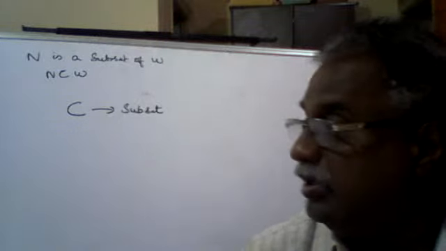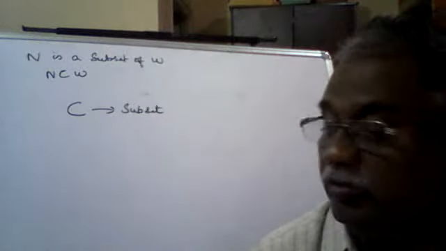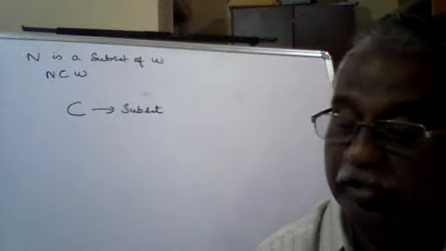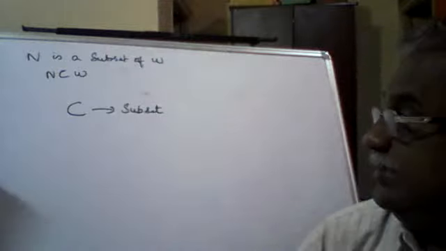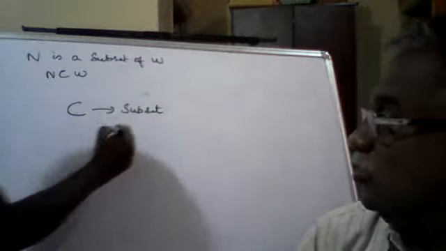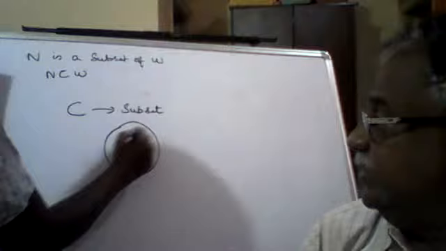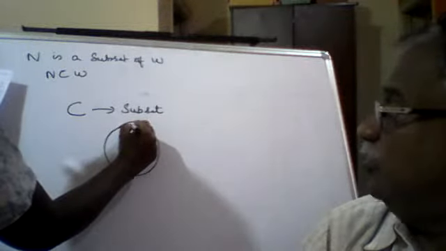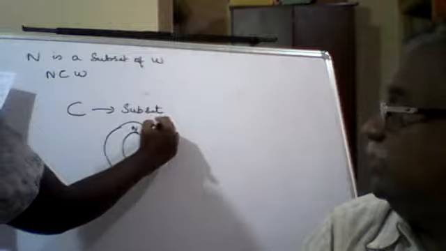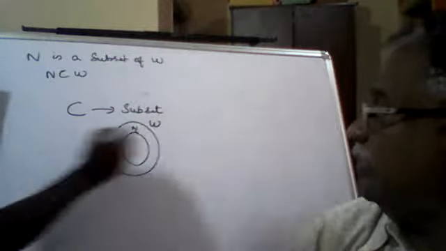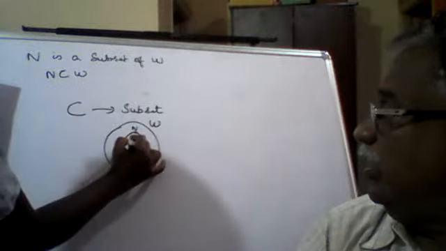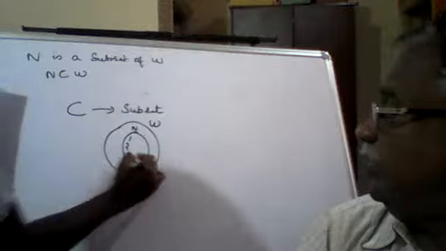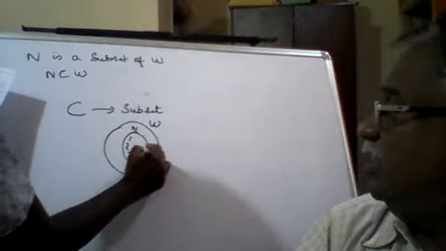So N is a subset, and W you can call a superset. Now in a drawing, you can draw N and W as two circles, with N inside and W outside. Put 1, 2, 3, 4, 5 and so on inside, and 0 alone you put outside.